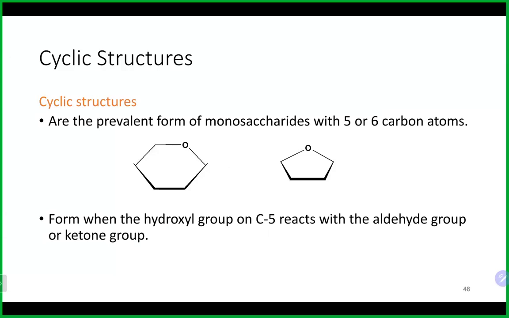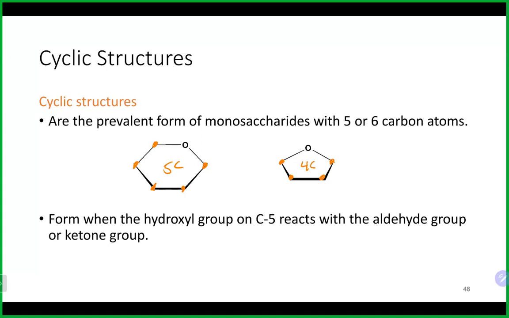The one on the left looks like cyclohexane, except it has 1 less carbon because there's an oxygen in the ring, so it only has 1, 2, 3, 4, and 5 carbons. The one over here, which looks like cyclopentane, only has 4 carbons, also because an oxygen ends up in the ring: 1, 2, 3, and 4 carbons.